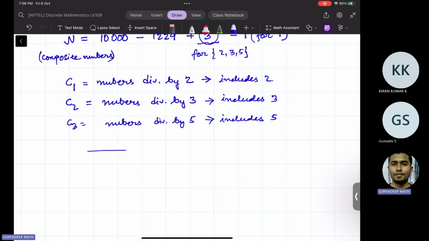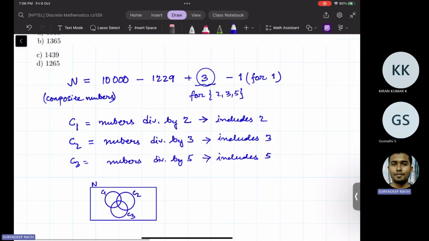So we have n, and we have C1, C2, C3. To make sure that n contains all the elements of C1, C2, C3, we are putting these three elements 2, 3, 5 in this list. That is the key takeaway of this problem.